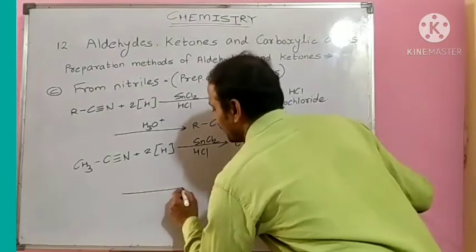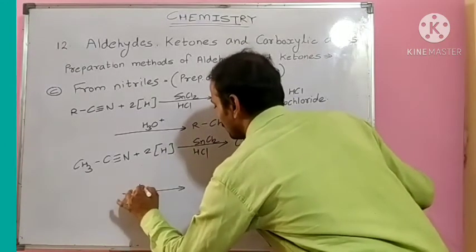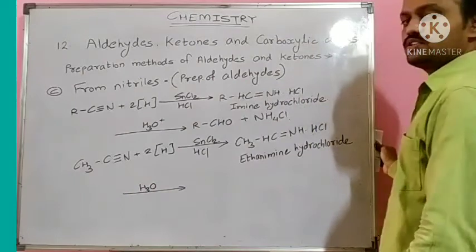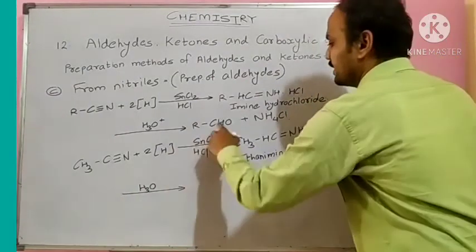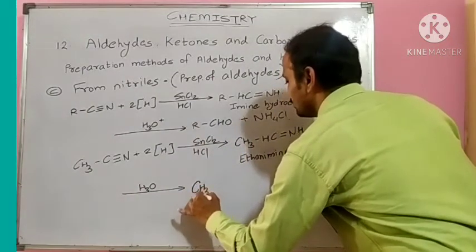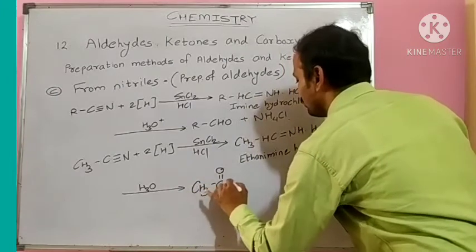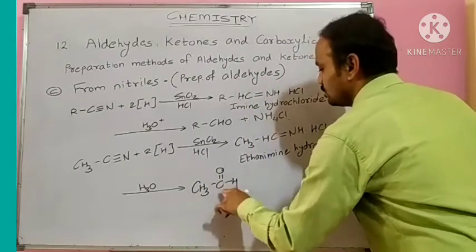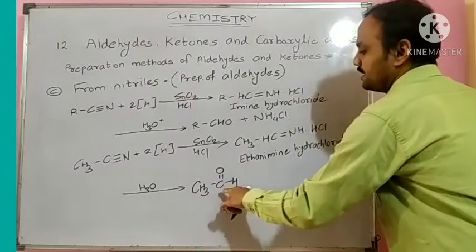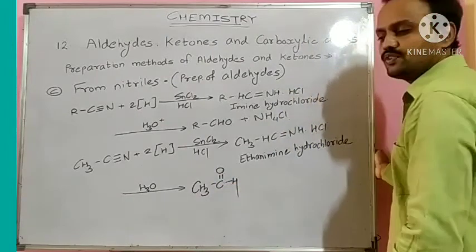This ethanimine hydrochloride on acid hydrolysis gives CH3 C double bond O H. Two carbon atoms, and it is CHO, meaning aldehyde functional group.